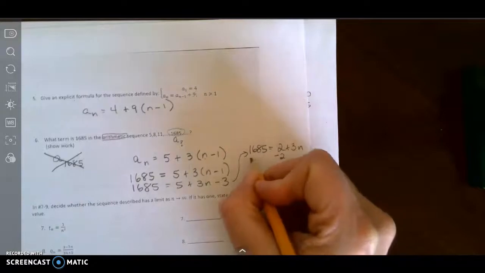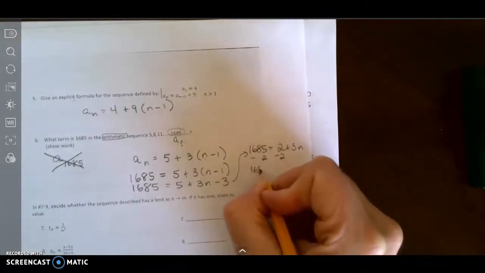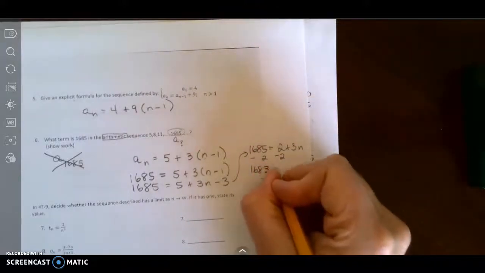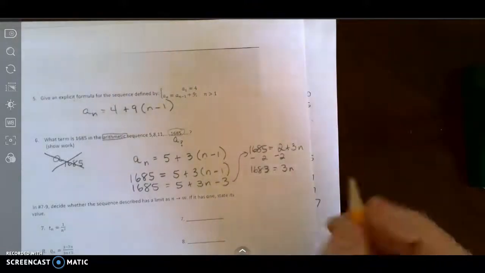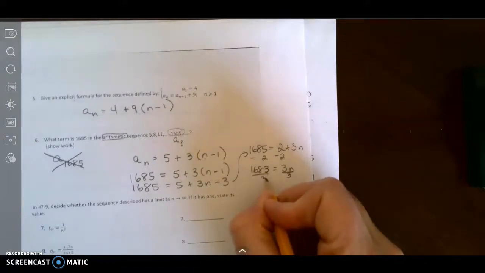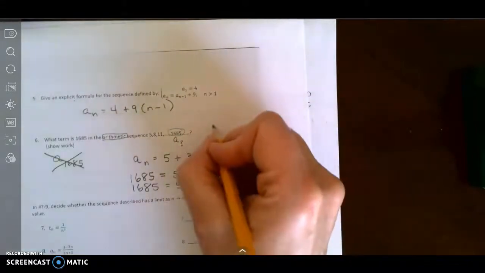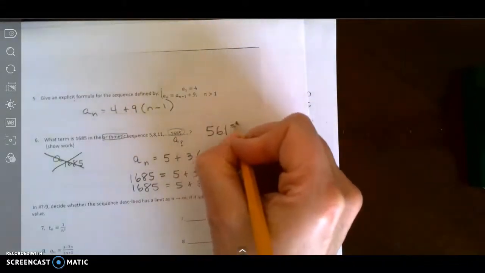I'm going to subtract 2. 1683 equals 3n. Divide both sides by 3. Use my calculator, 1683 divided by 3, and I get 561. So it's the 561st term.